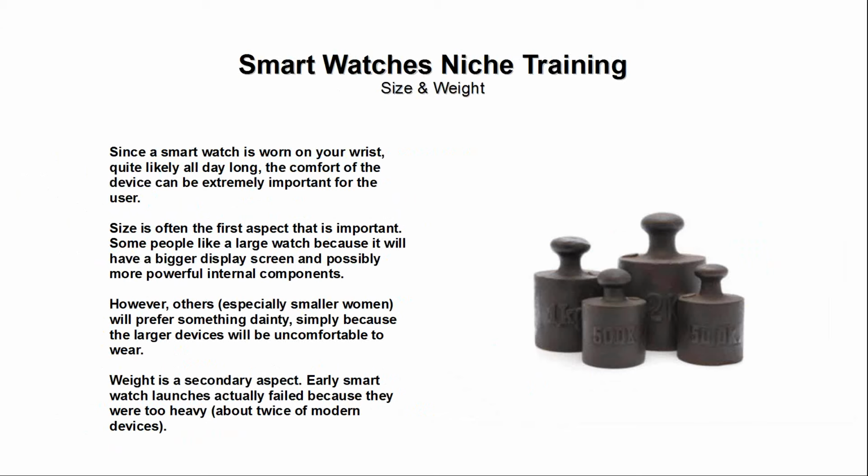They're probably going to prefer something smaller, more dainty, something more like the Apple Watch. They're actually considerably smaller than the Samsung Gear watches. Now, generally, when you have a bigger watch that also weighs more, chances are you're going to have a larger display screen, possibly some more powerful internal components that go along with that.